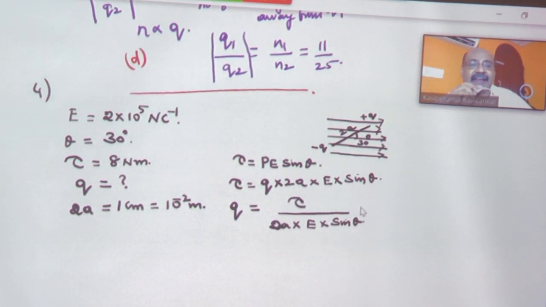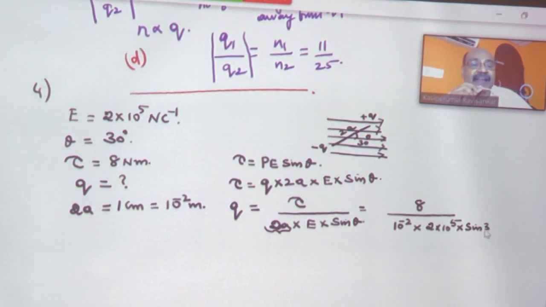Substitute its value. What is the torque? Torque is given as 8, divided by 2a, which is 1 centimeter, that is 10 power minus 2. 2a is the length of the dipole, so 10 power minus 2, multiplied with electrical field 2 into 10 to the power of 5 Newton per coulomb into sin 30.